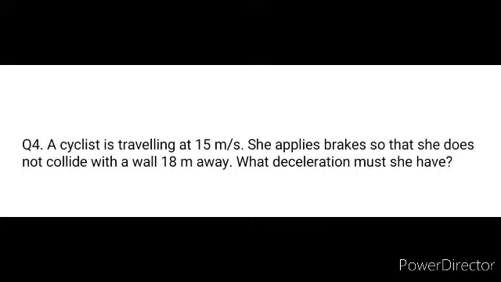Now the next question, number 4, is: a cyclist is traveling at 15 meter per second. She applies brakes so that she does not collide with the wall, which is 18 meter away. What deceleration must she have? Fine. So let's understand the question well, and then let's solve this.